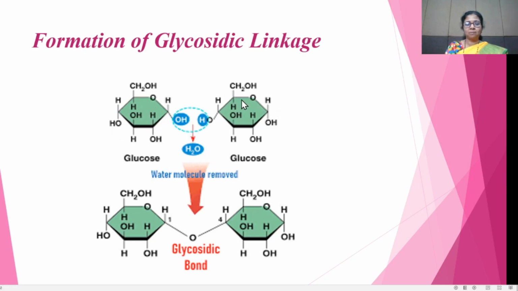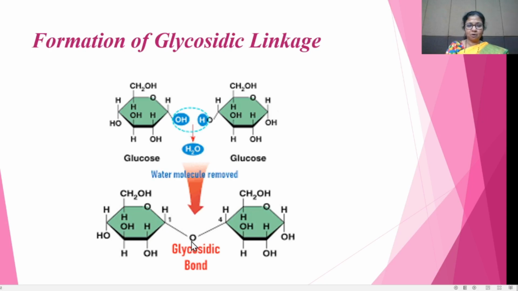Two molecules of glucose. When the OH of one molecule and the H of the other molecule are removed as H2O, a water molecule is removed, and the bond forms between them through the oxygen.